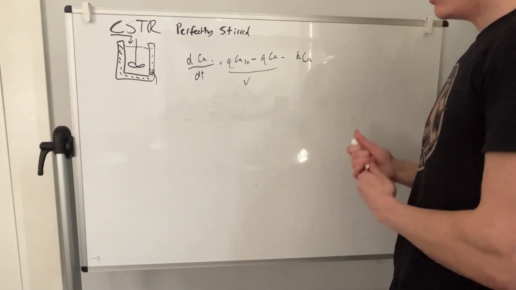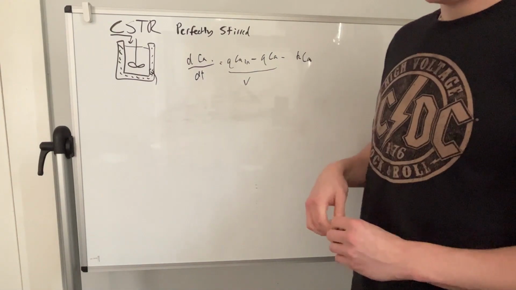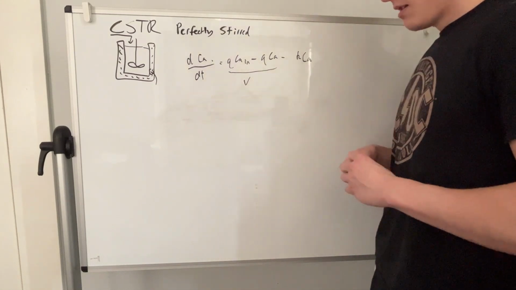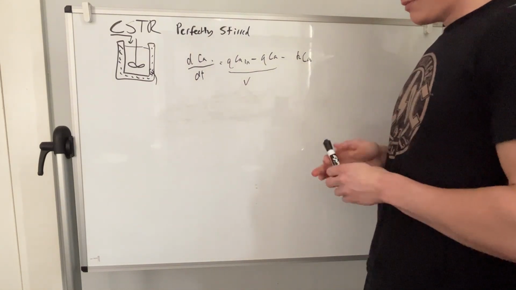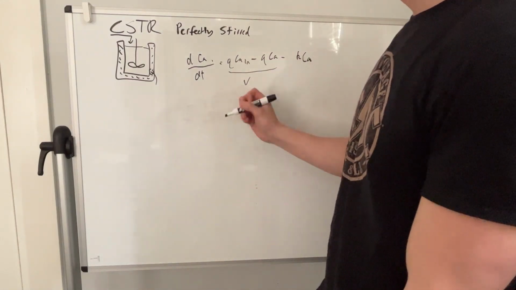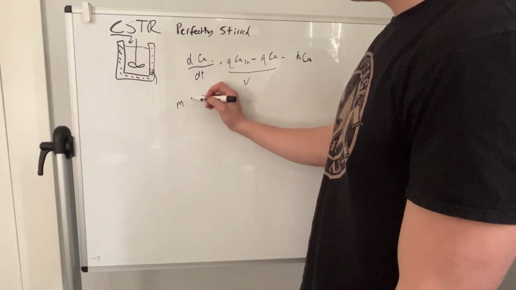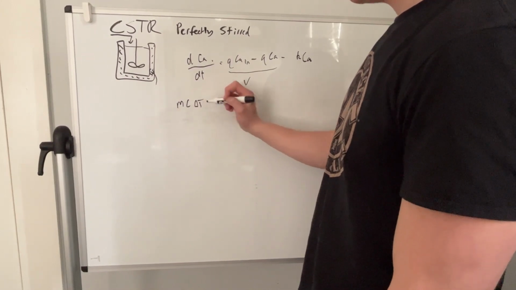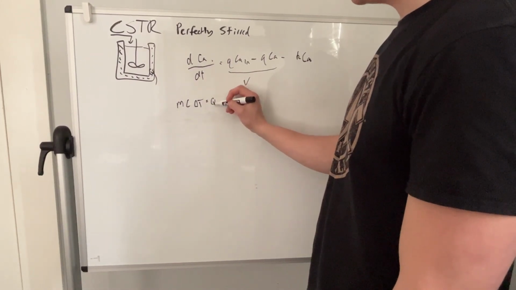And now we'll move on to finding our temperature. Think of it as our mc delta T as our equation for our energy.